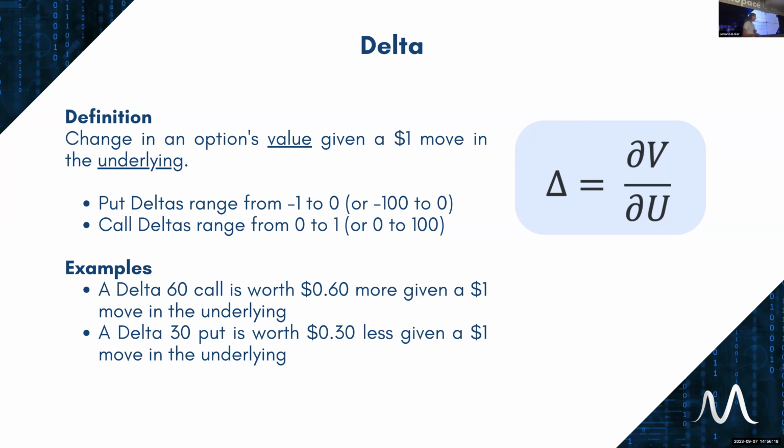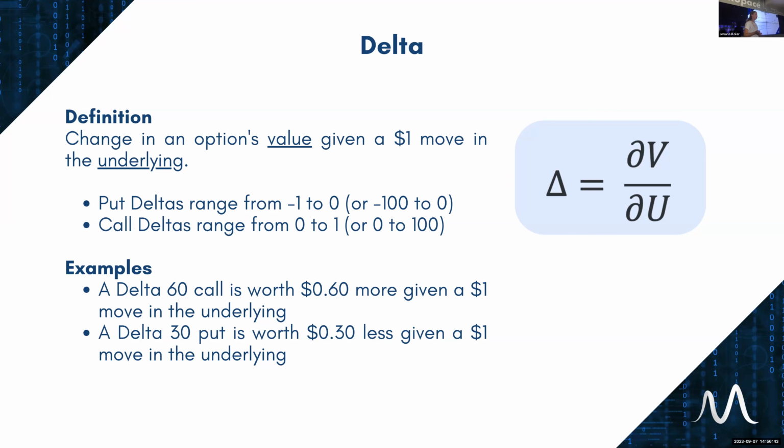And as the underlying moves up, the maximum more you would pay, let's say for a call, for a $1 increase in the underlying is just $1, because you would never pay more than what the underlying actually moves up by. And for a put, same reasoning, the minimum it can be is -1.